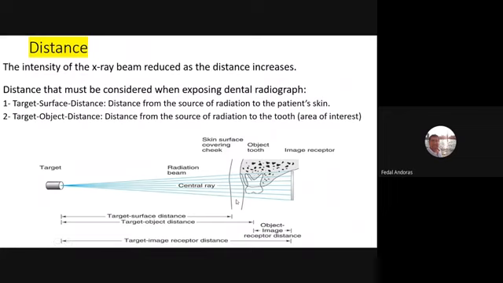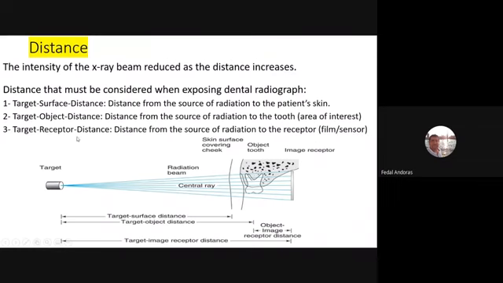There will be a harmful effect. So you have to know what we mean by this. Last is the target receptor distance, from the target to the film. It is the distance from the source of radiation to the receptor, either film or sensor.